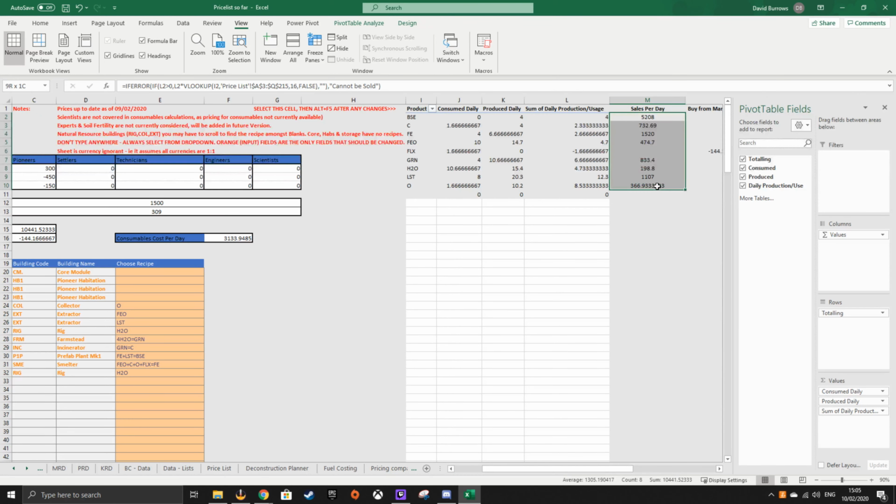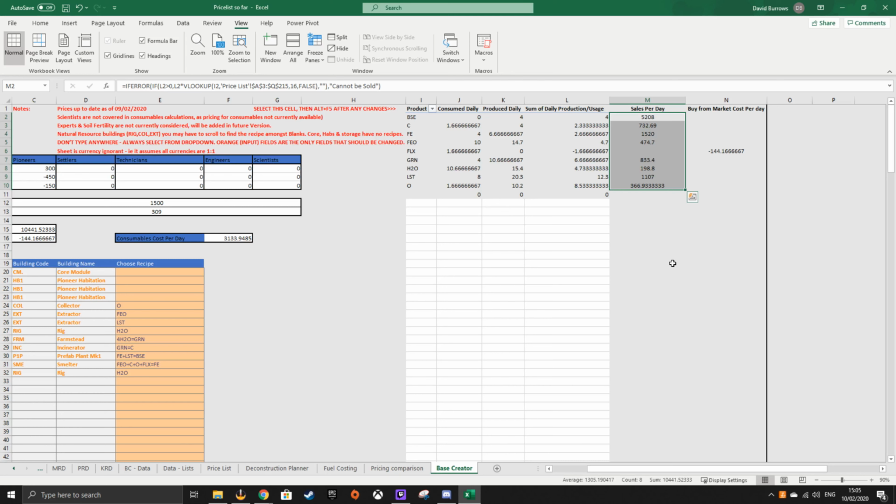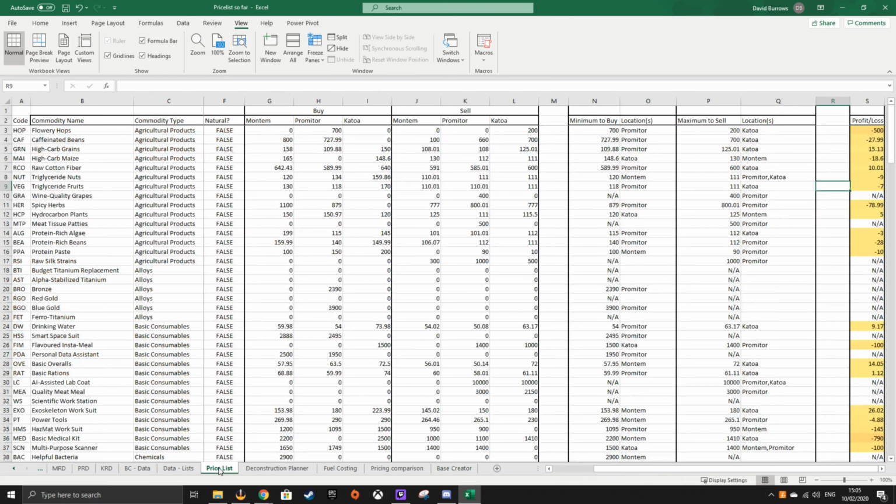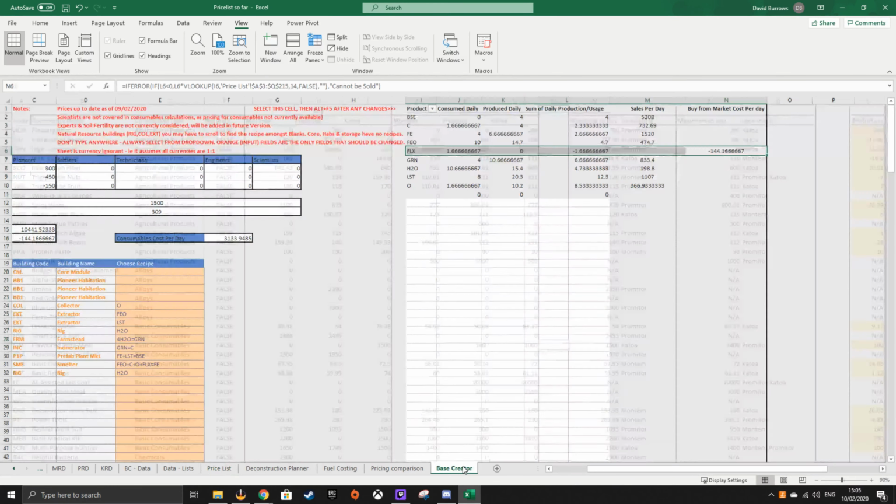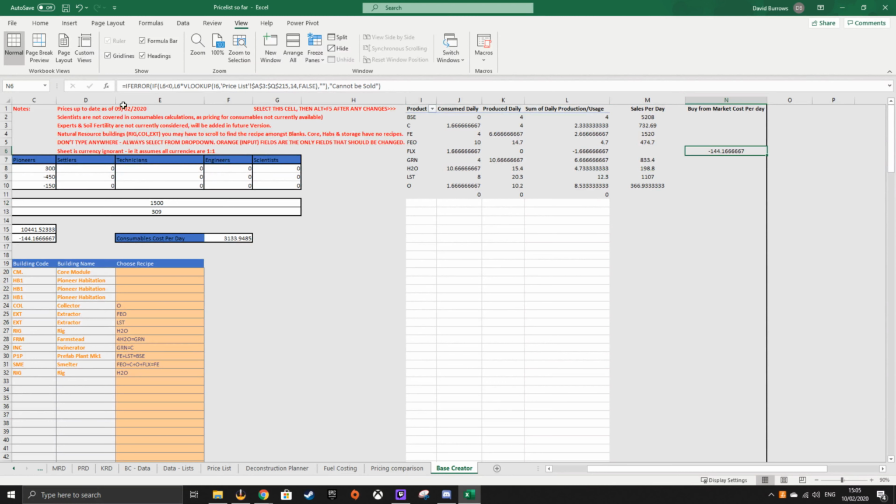It shows us what we can sell the positive units for and the market cost per day still of that flux. Now that market cost is based on the cheapest price that you can buy it for, but it is a guaranteed buy order. So 100% there is currently an existing buy order for that product. That's assuming obviously that it is updated.